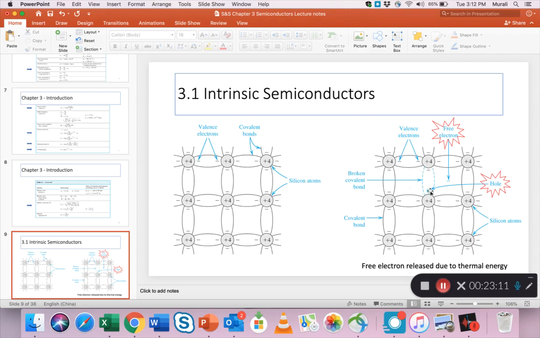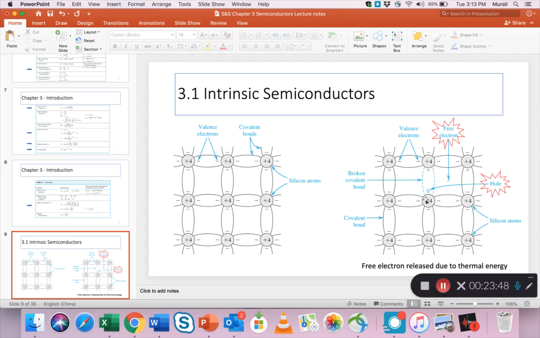But at room temperature, some thermal energy is available to the atom, and this thermal energy automatically creates free electrons, which are shown here. For example, in this center silicon atom, one of the 4 electrons has become loose.